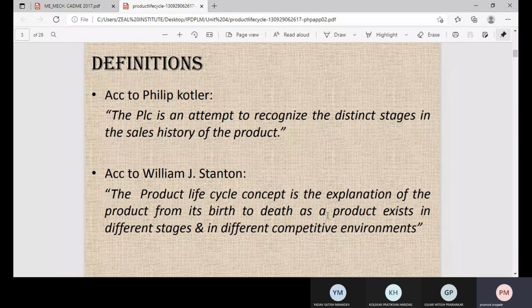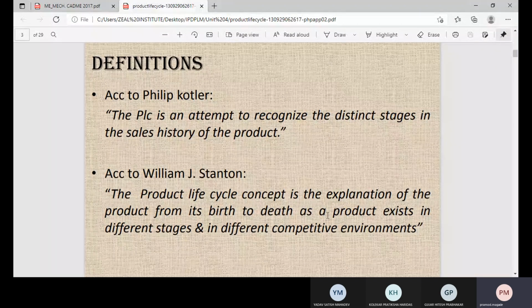Now according to Williams and Stanton, the product life cycle concept is the explanation of the product from its birth. It means from its idea generation and inventories and all that, from its birth to death, as a product exists in different stages and in different competitive environments.